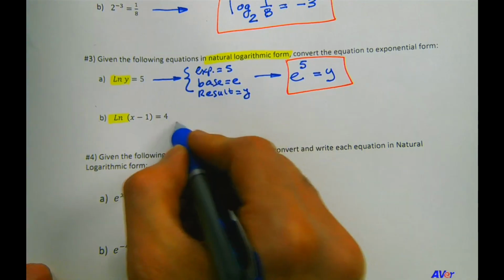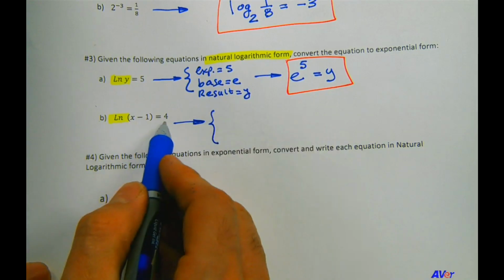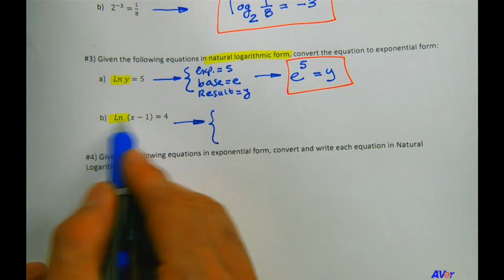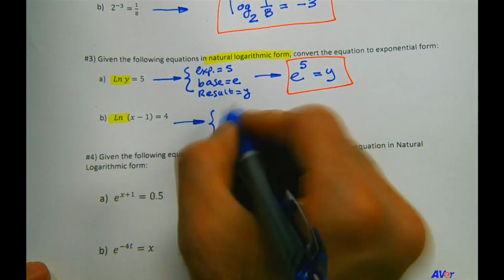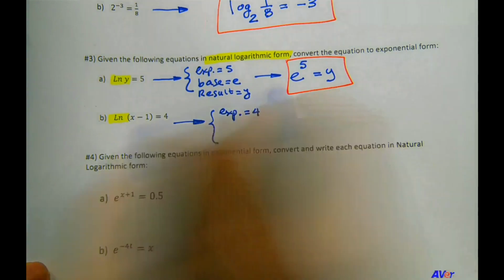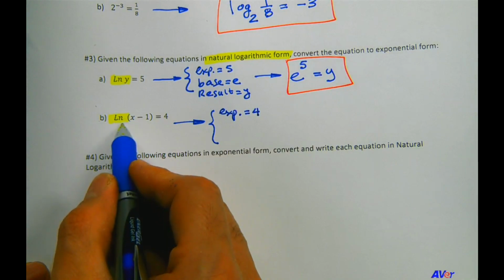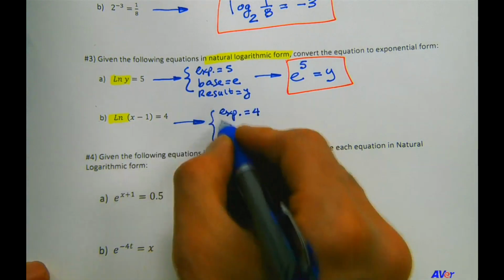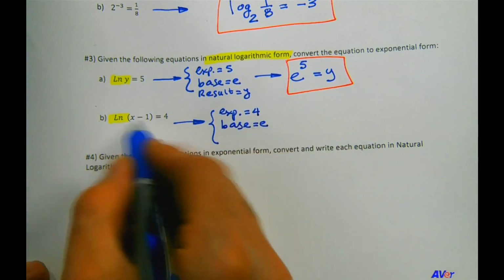This one. We know that 4 is what? Natural log or log functions generate an exponent. So this 4 is an exponent. Okay, what is the base? This is a natural log, so the base must be e. And the result is x minus 1.